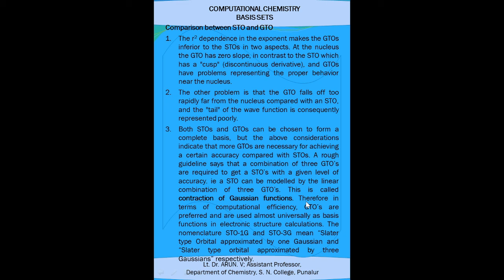The other problem is that Gaussian type orbitals fall off too rapidly from the nucleus compared with the Slater type orbitals, and the tail of the wave function is consequently represented poorly.